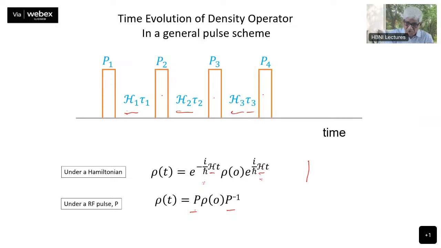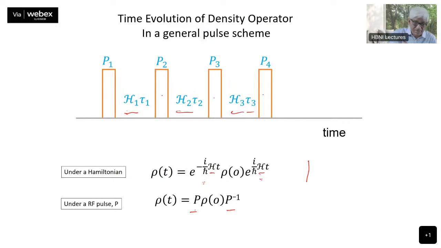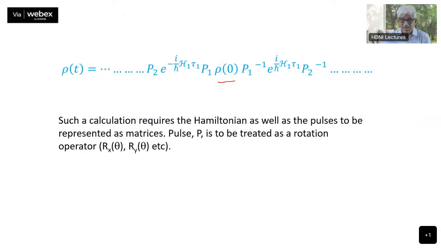Okay. Now, if I have a situation like this, how do I calculate? That is indicated here. Start at time t equal to 0, rho 0. I apply a pulse. Okay, let's go back here. This is my rho equal to 0. And then I apply a pulse, so P1 and P1 minus 1. Now this whole thing becomes rho equal to 0 for the evolution under Hamiltonian 1.